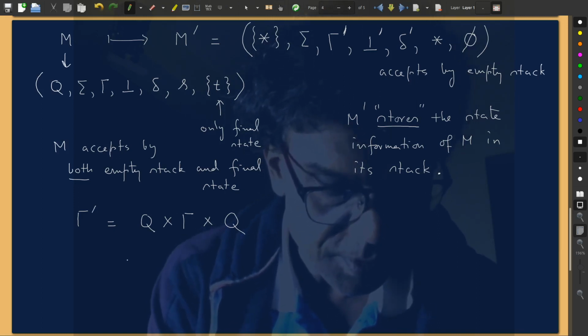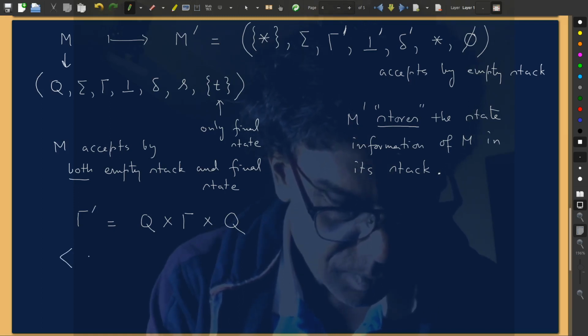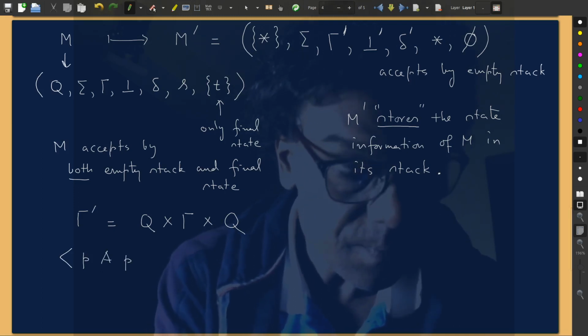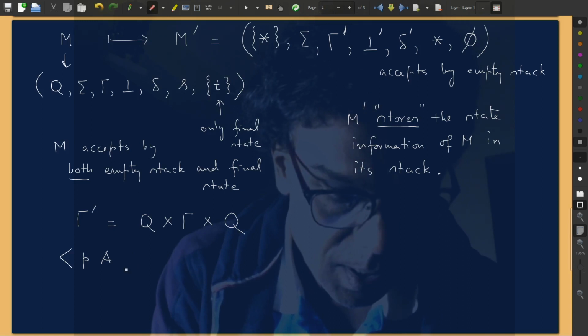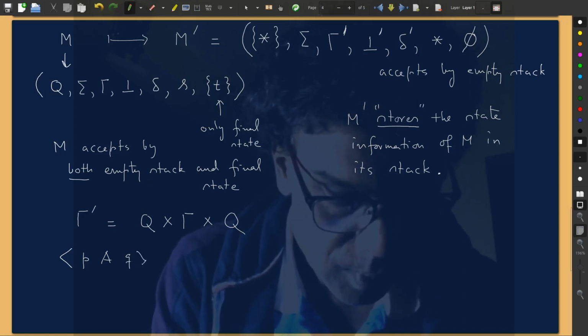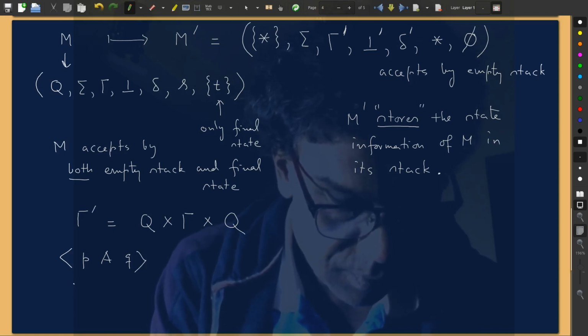So it's a tuple, but I will write it in this fashion: P A Q. So I will write it instead of this.